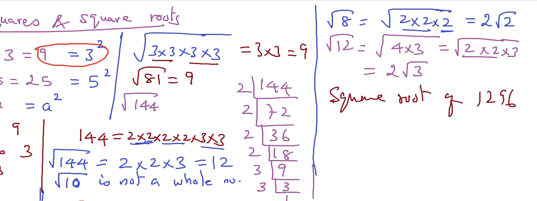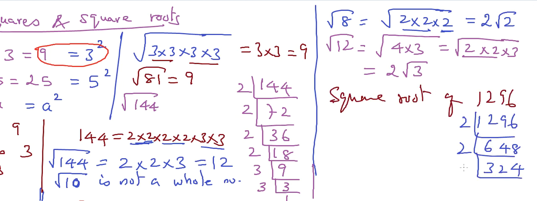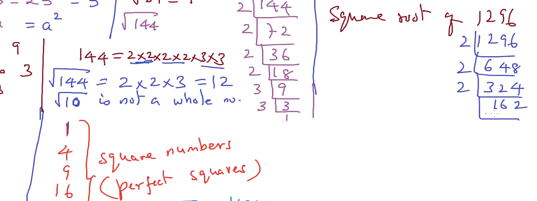Let's prime factorize this first. 1296 is divisible by 2, so 648, again 324, still divisible by 2, you get 162, divisible by 2 again, so 81. 81 is an odd number, so it's not divisible by 2, but the sum of the digits, 8 plus 1, is 9. So 9 is divisible by 3, therefore 81 is also divisible by 3.